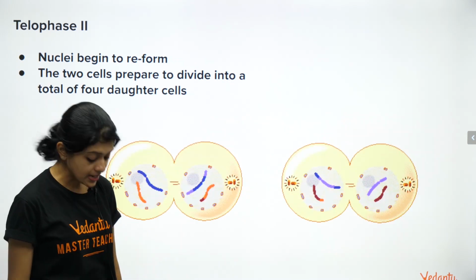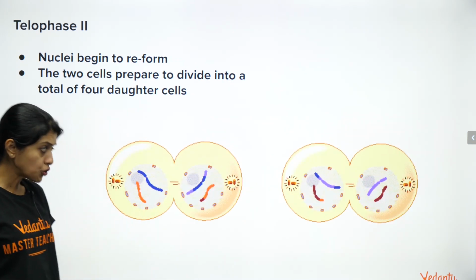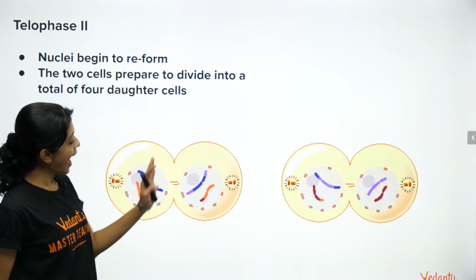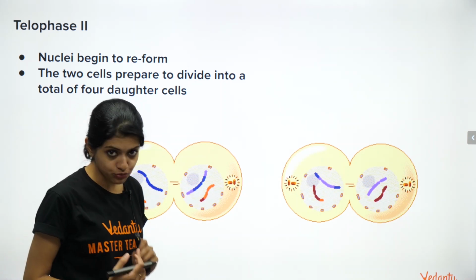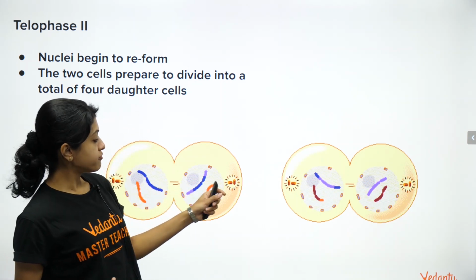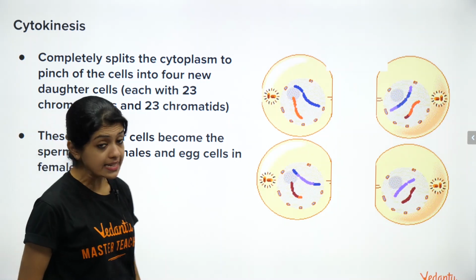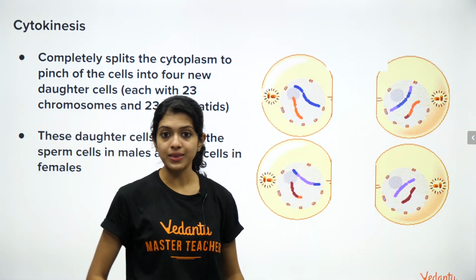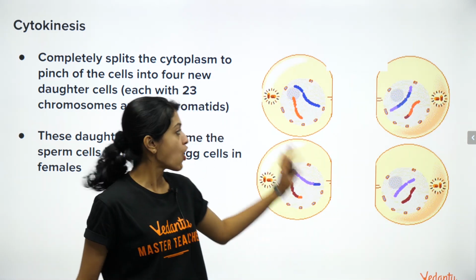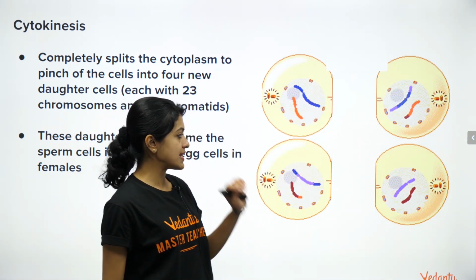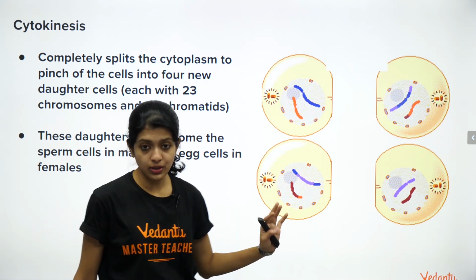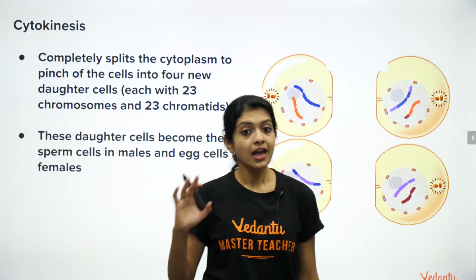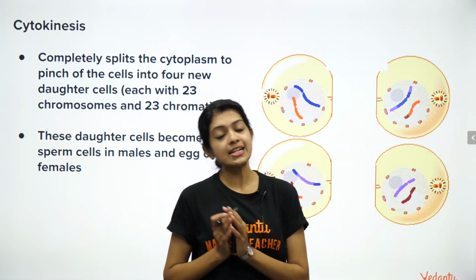And finally, in telophase 2, you see that they have completely moved towards opposite poles and their nuclei have begun to form. So finally, when cytokinesis 2 happens, this is the end result. Wow, that is a lot, right? We have 4 new daughter cells here, and each of them has 23 chromosomes and 23 chromatids, which was the ultimate aim.